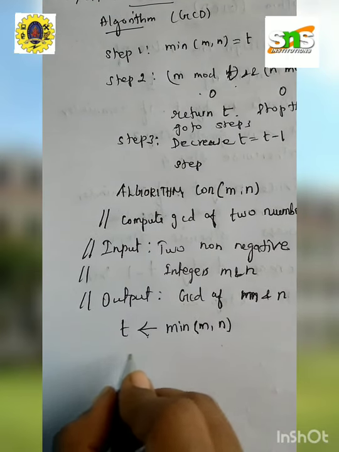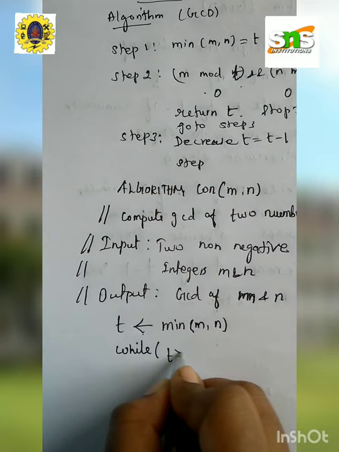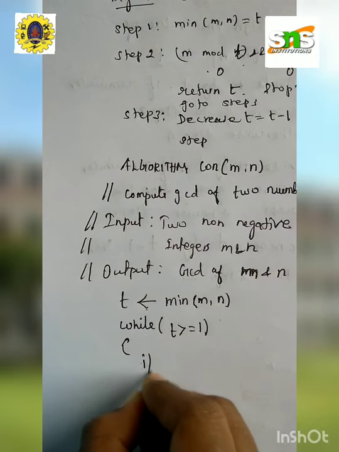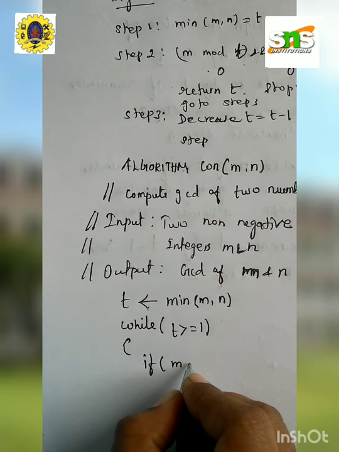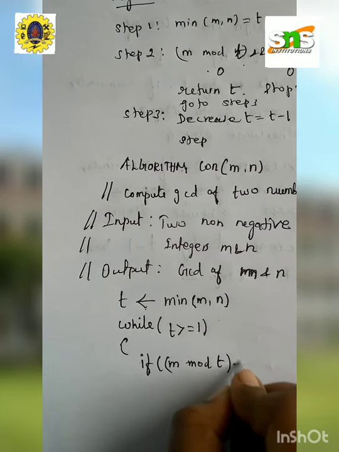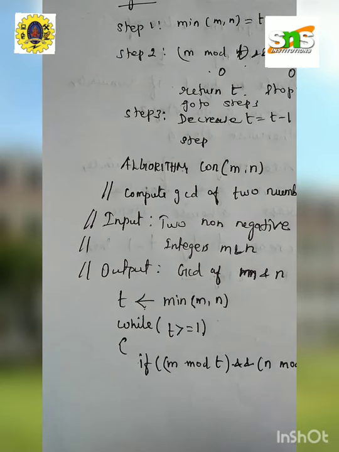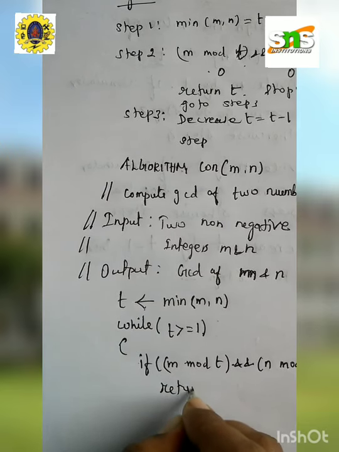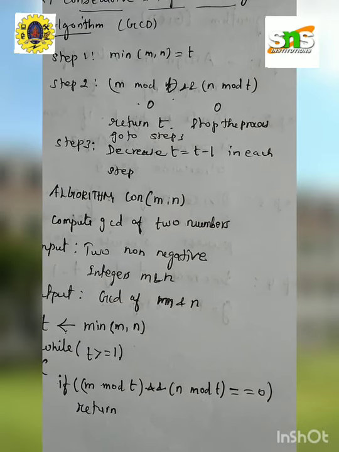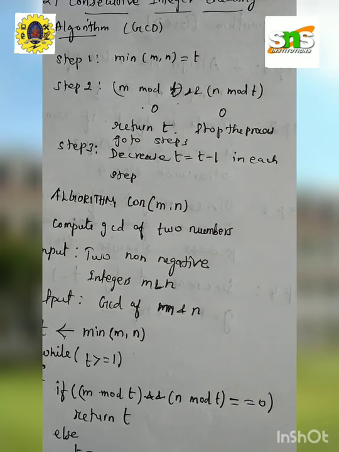Then, because it is an iterative process, while t is greater than or equal to 1, if the condition is true, if m mod t and n mod t equal to 0, then return t, else t equal to t minus 1.